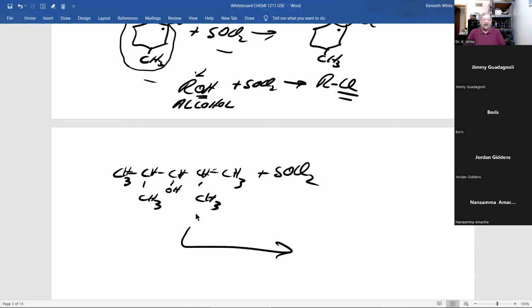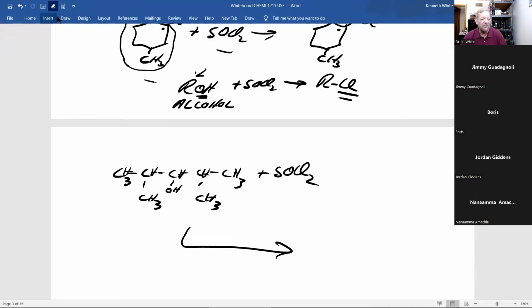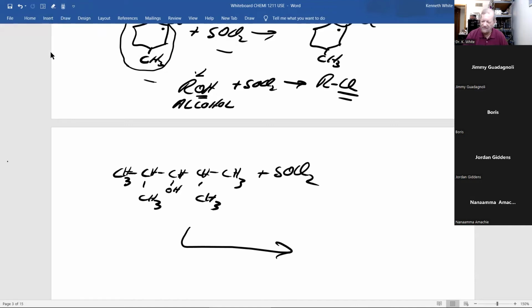What would be the organic product or products of the following? Let me clean this up real quick. There we go. Looked like a double bond. It was just an excess line. And your turn.